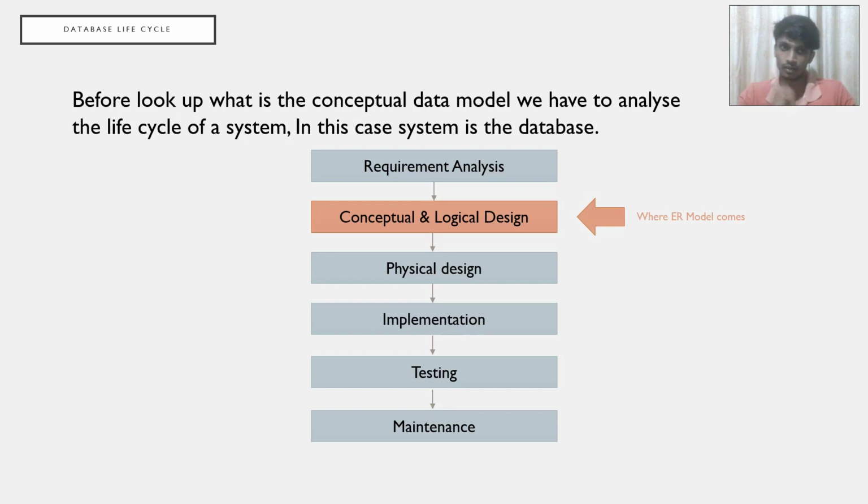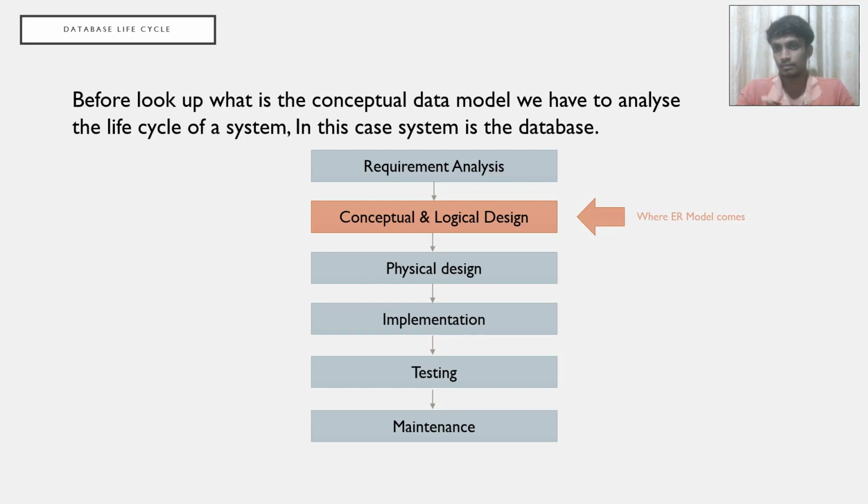Before looking up what the conceptual data model is, we have to analyze the life cycle of a system. In this case the system is the database. This is not directly relevant to database management systems, because a database management system is itself a system.